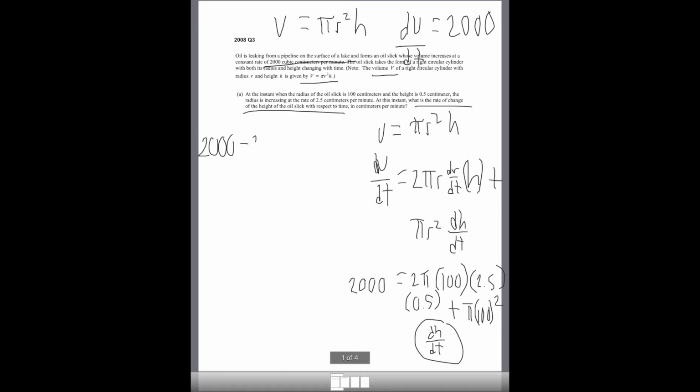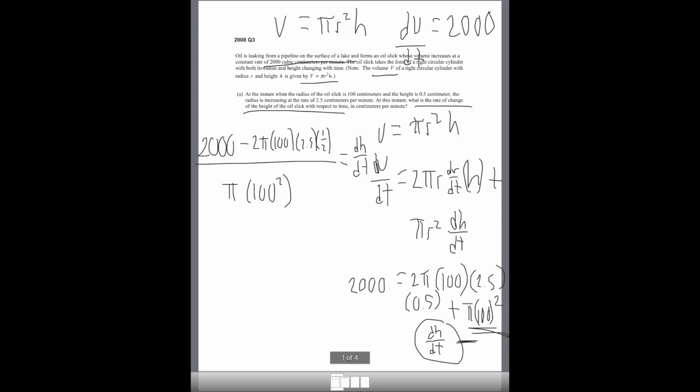So it's 2 pi 100 times 2.5 times 1/2, because it's 0.5. And then you just divide by pi times 100 squared, because this here is in front of this. So that's what you're left with, and that's what dh over dt would be.